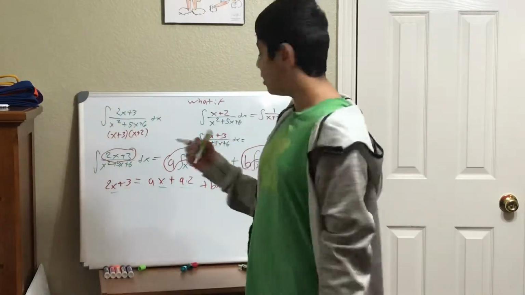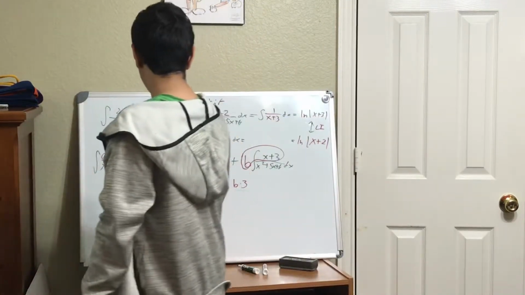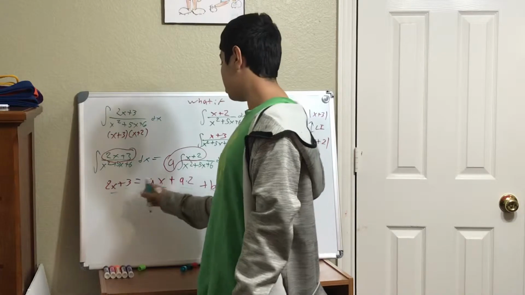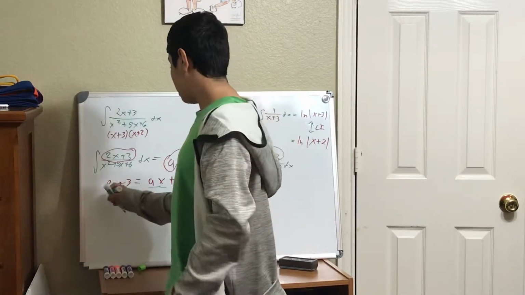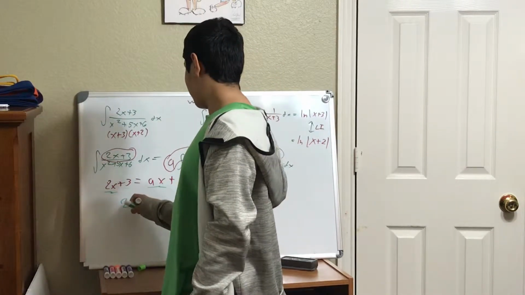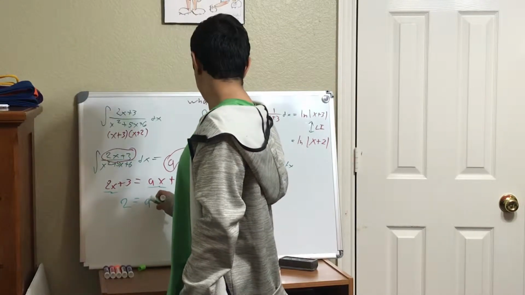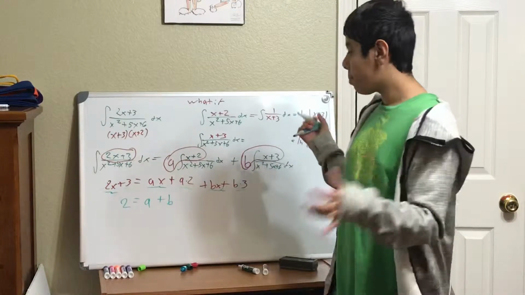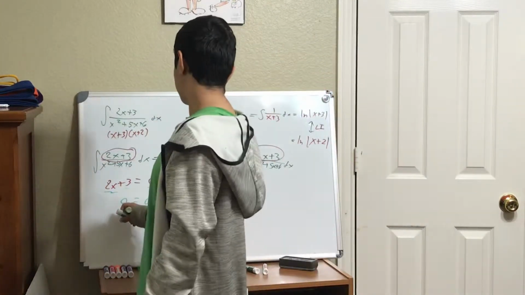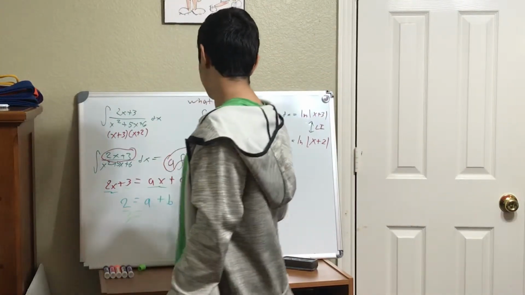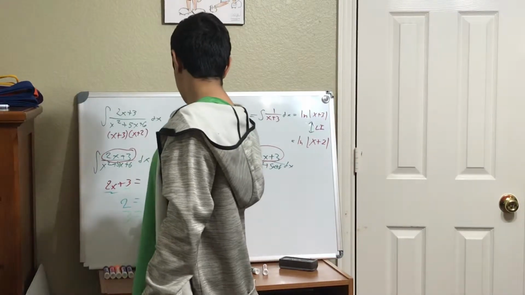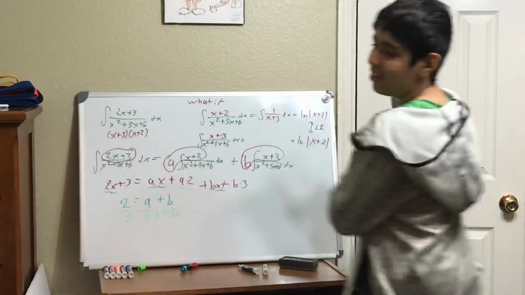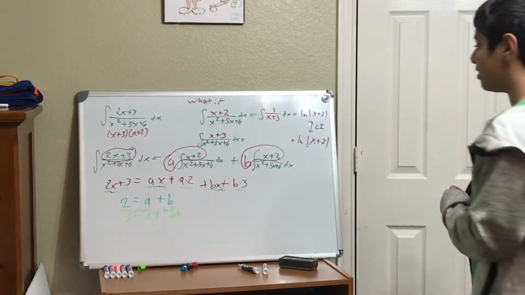We could split it up. Let's do the x terms first. We get 2 is equal to a plus b. And for our other terms, you get 3 is equal to 2a plus 3b. Now we have a system of equations.